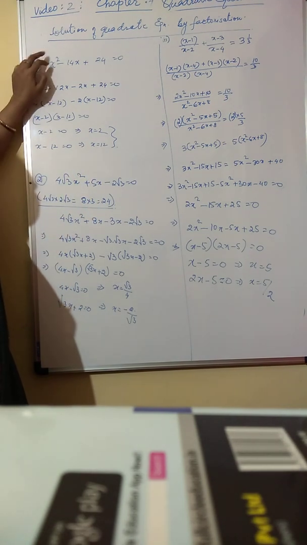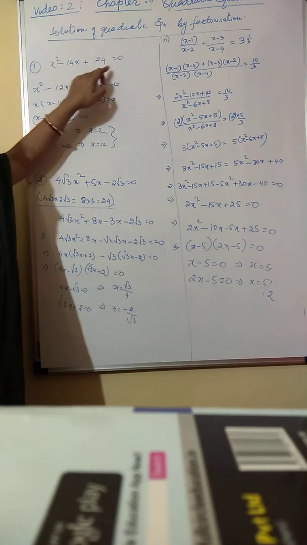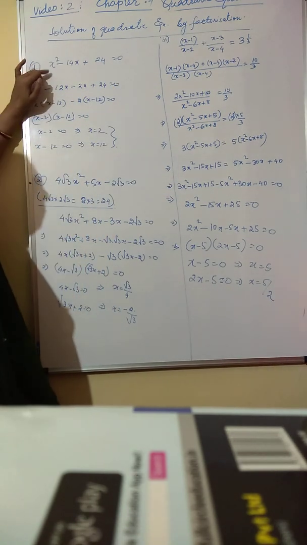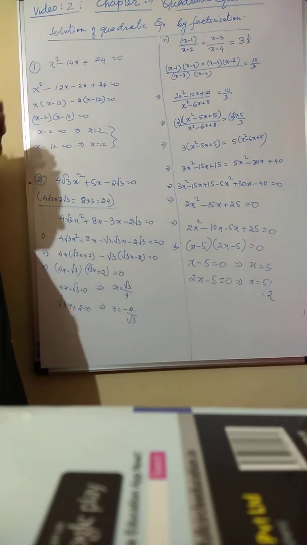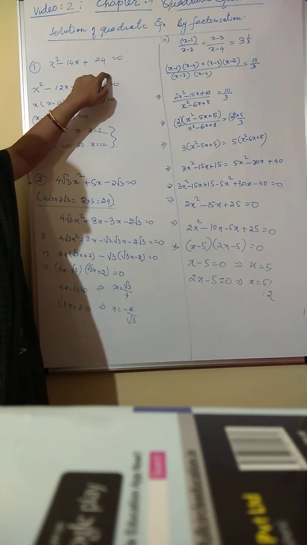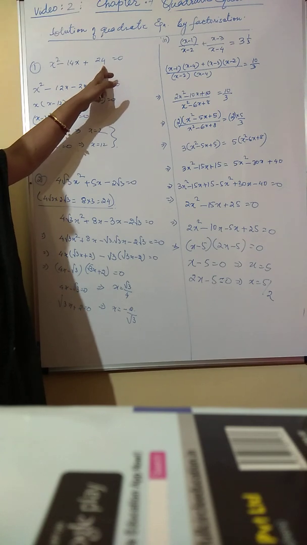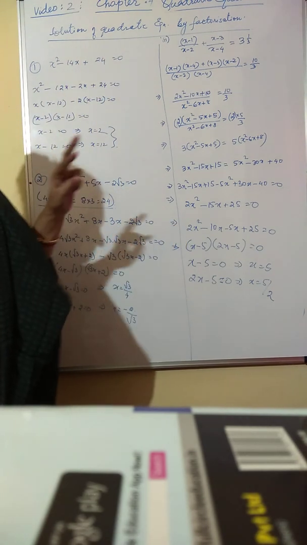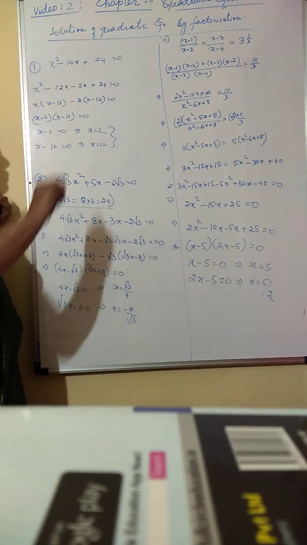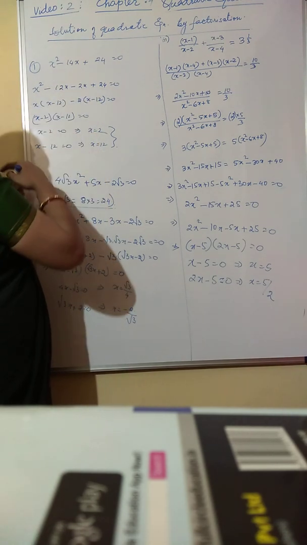Now the first one is x square minus 14x plus 24 equal to 0. By now you know that when the coefficient of x square is 1, the constant term is split into two factors in such a way that the sum of those two factors must be equal to the middle coefficient.